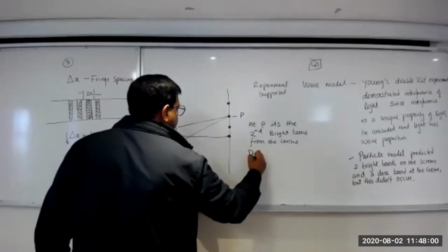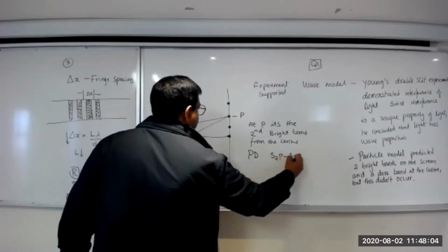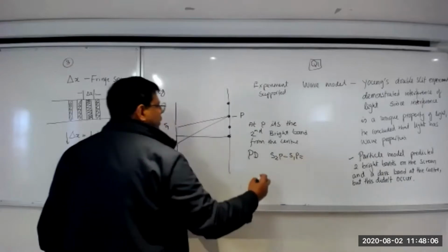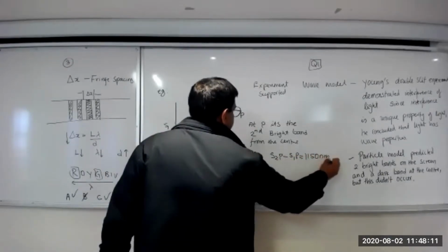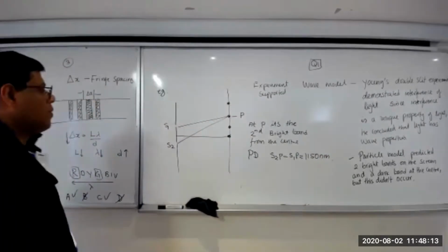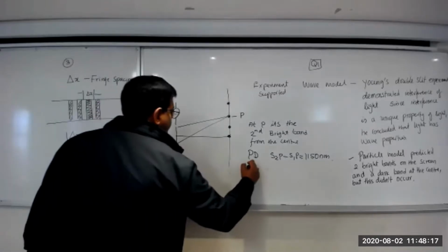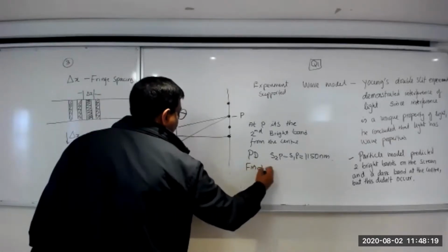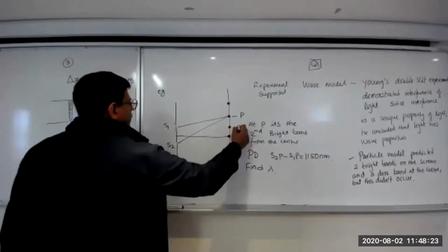So the path difference, S2P minus S1P, say 1150 nanometers. Find lambda. That's the first part of the question.